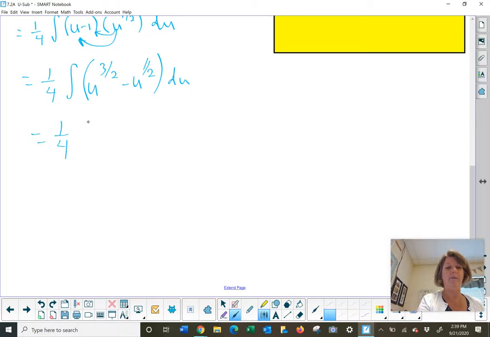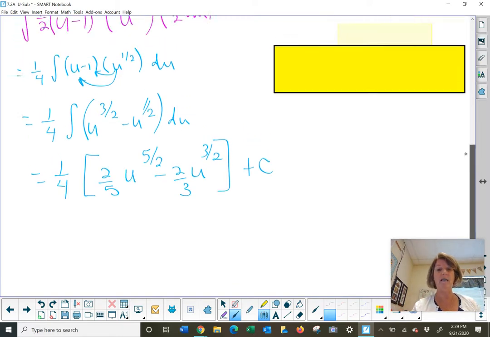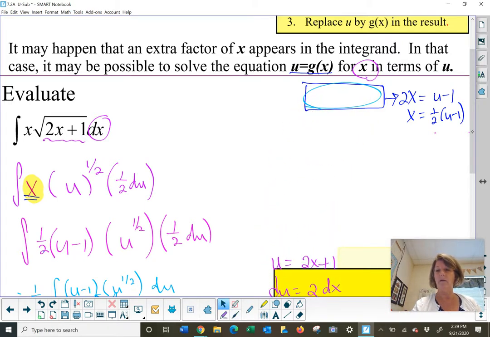We'll have 1/4 u raised to the 5/2 times a 2/5 minus u to the 3/2 multiplied by a 2/3, add c. We're almost done. We just need to get things back into terms of x's. So u was equal to 2x plus 1.